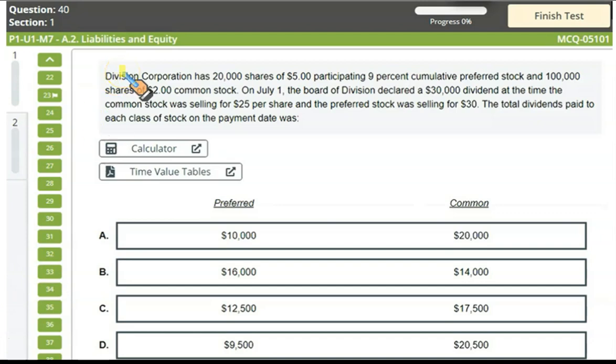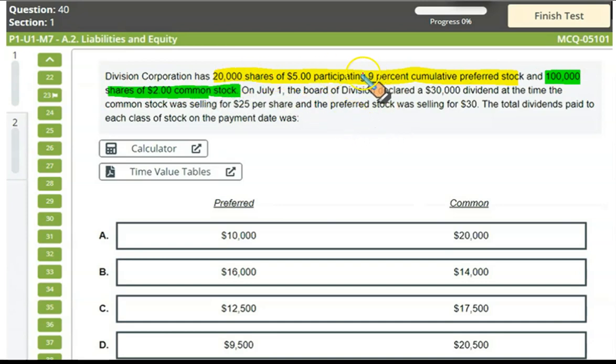This is a tricky question. Division Corporation has 20,000 shares of $5 participating 9% cumulative preferred stock. 20,000 shares of $5 each, they get 9% dividend, and 100,000 shares of $2 common stock. Let us write these down.